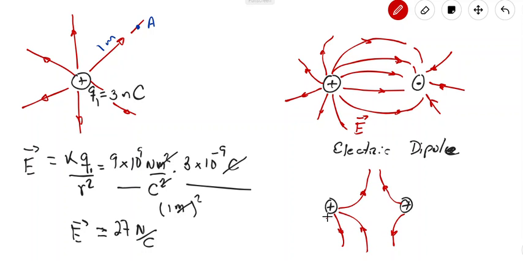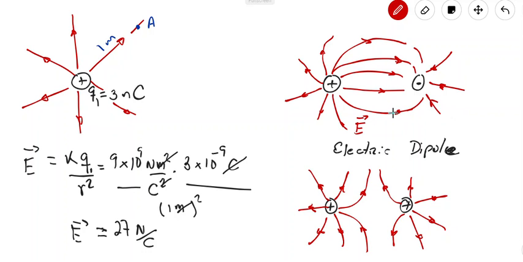There is a repulsion here, so this is the shape of the electric field lines. When you have charges with the same sign, this is not an electric dipole. You don't have an electric dipole in this case. So an electric dipole is when you have different signs, right?